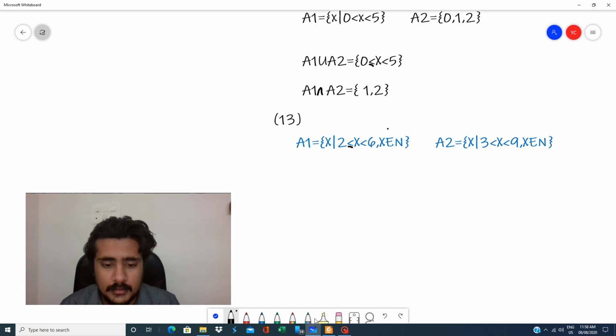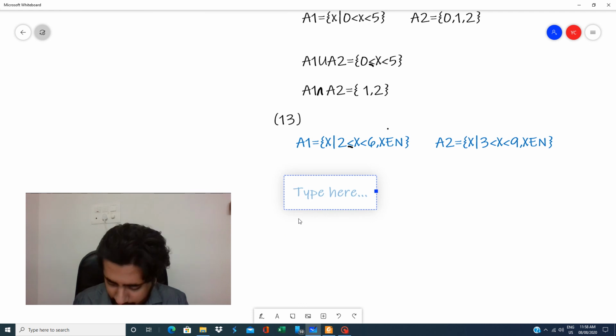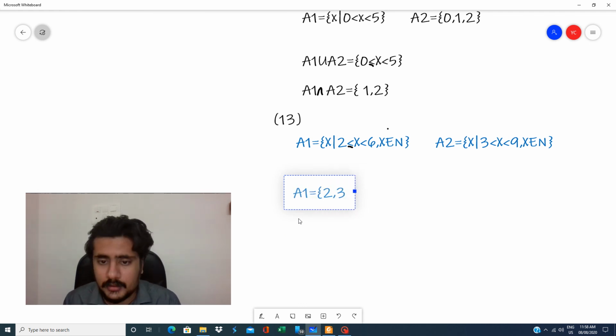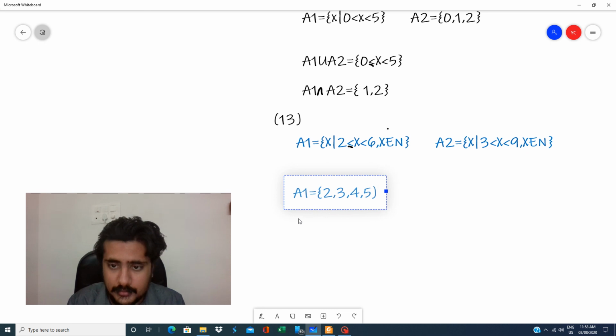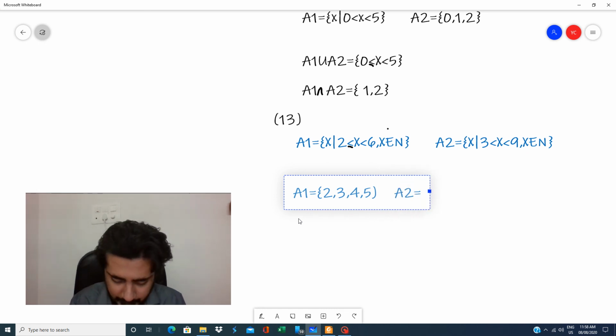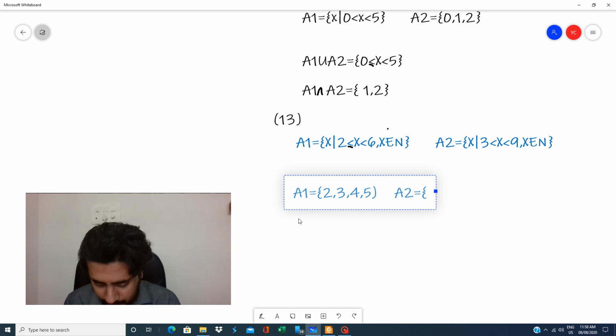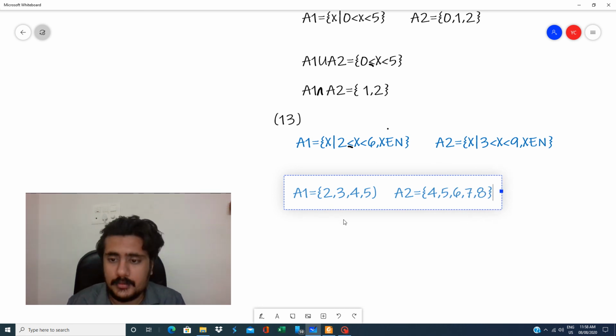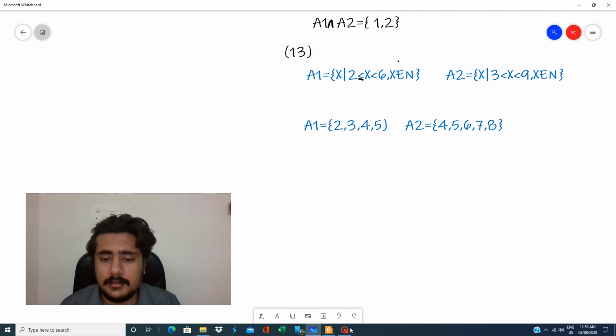Now if this is natural numbers then it is very easy. A1 is 2, 3, 4, 5, and A2 will be 4, 5, 6, 7, 8. Okay, so this is your A1 and that is your A2.